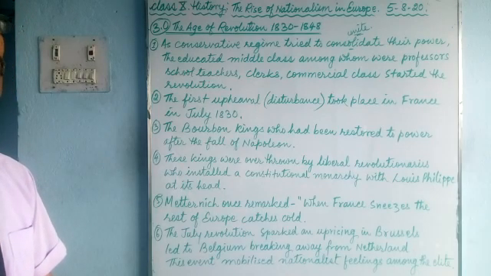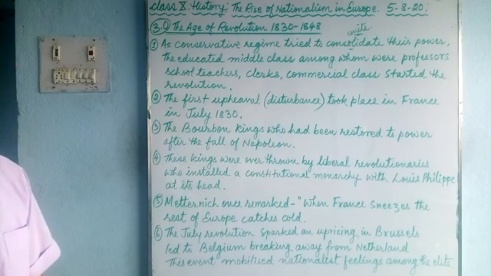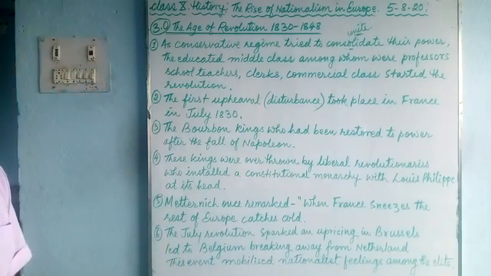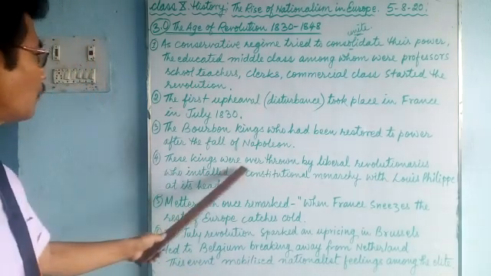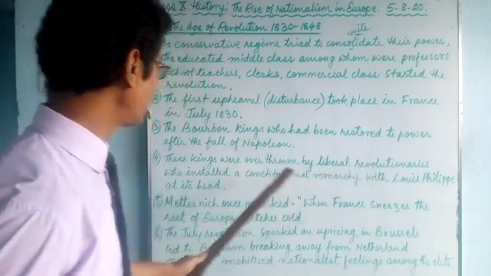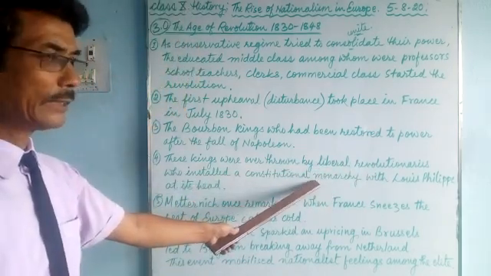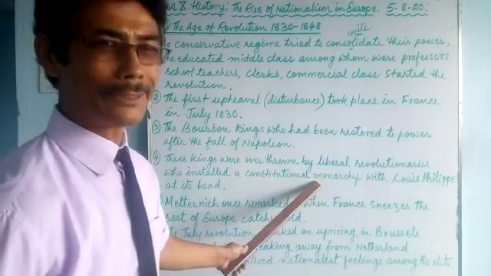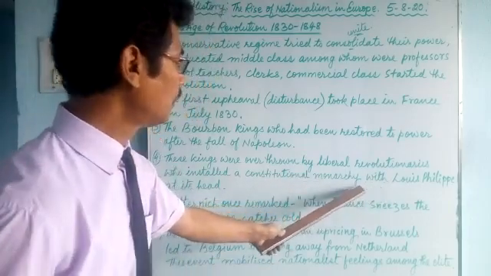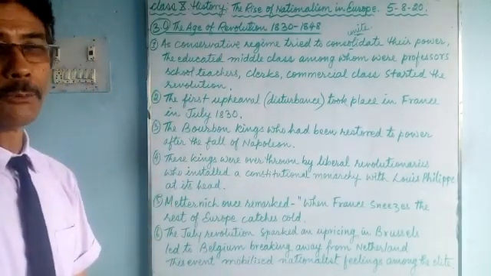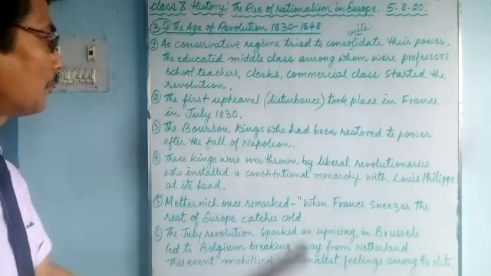King Louis was elected as a constitutional monarch, and later on he was removed and tried by the tribunal. They set up a constitutional monarchy with Louis Philippe at its head.